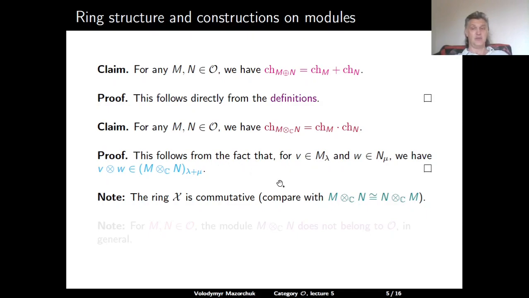And this can be compared with the property that the tensor product of G modules is commutative. The tensor product of M and N is isomorphic to the tensor product of N and M. One could also observe that for two modules M and N, the tensor product of these modules doesn't belong to the category O in general.